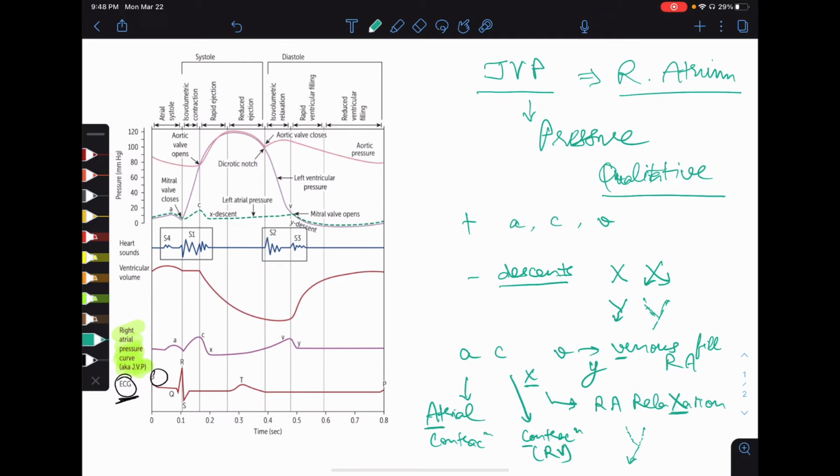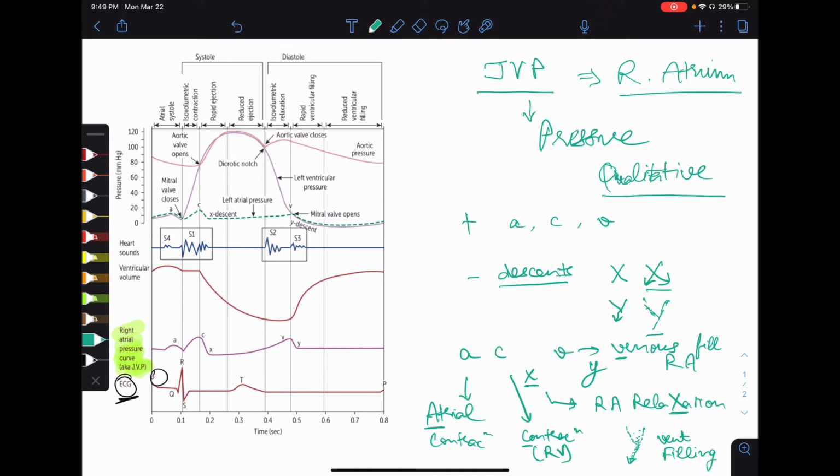That's why I made upper and lower arrow forms here, so that you remember it easily. Y is blood dropping from the atria to the ventricle. That is the ventricular filling.